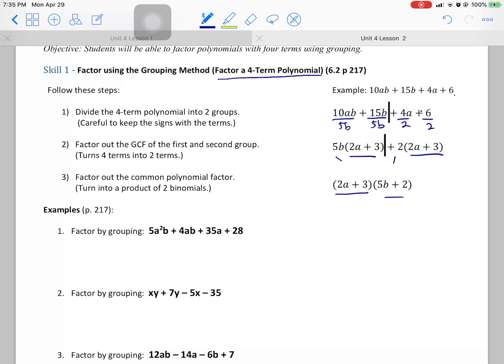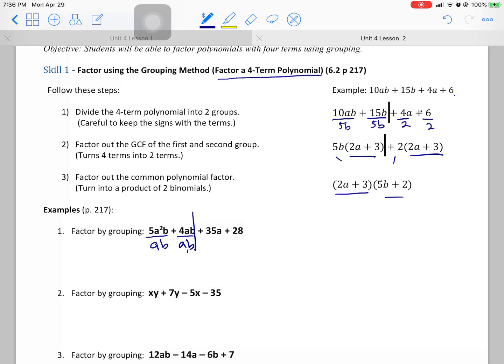okay? But since it is 4 terms, I can divide it in half and take something out of the first 2. What can I take out of this term and this term? What do they have in common? The greatest common factor between these 2 terms. Just an a, right? I'll get my key out so I make sure. Oh, and also 1b.